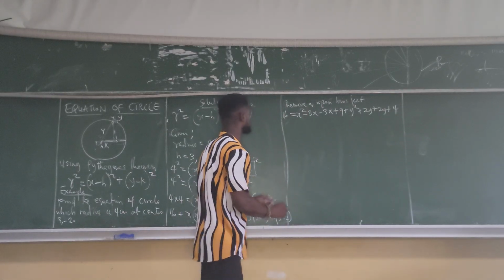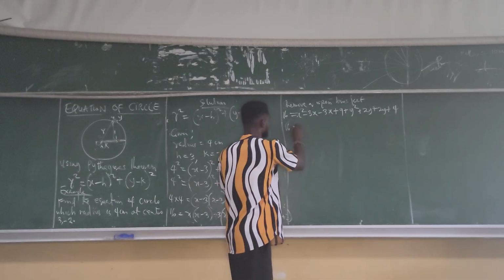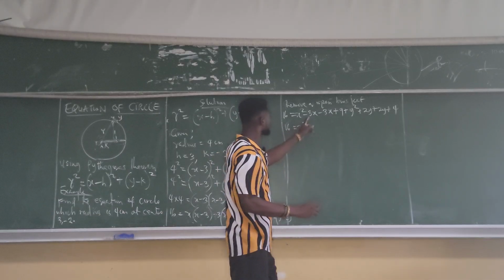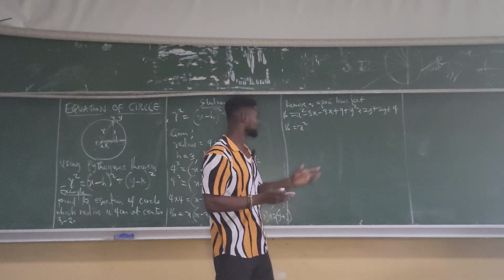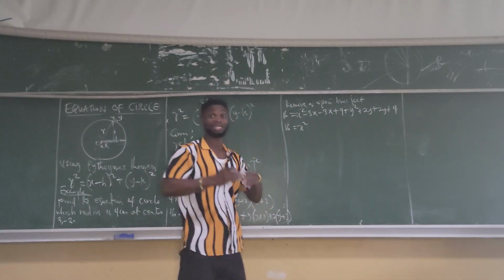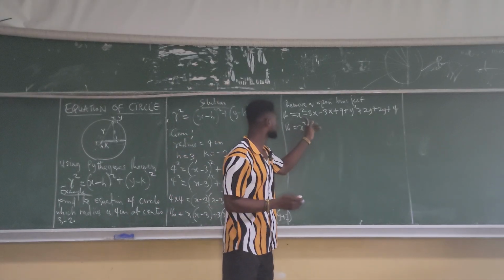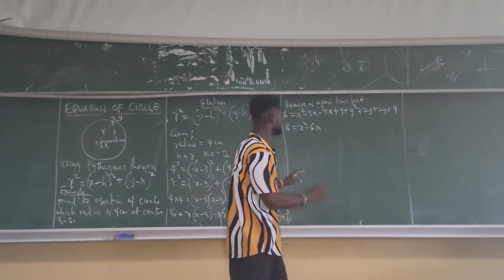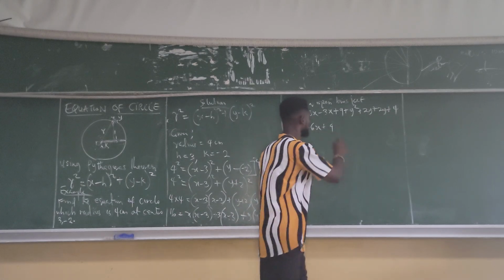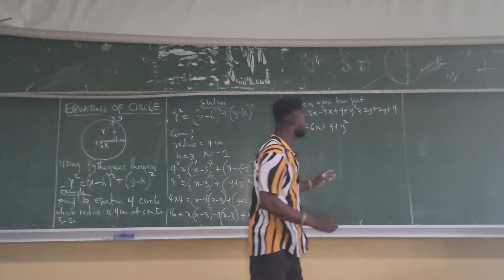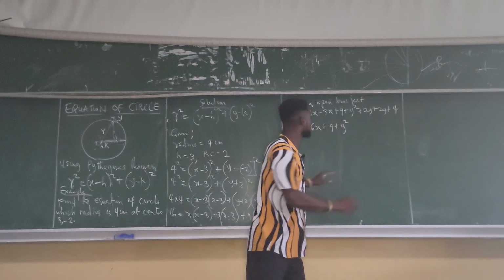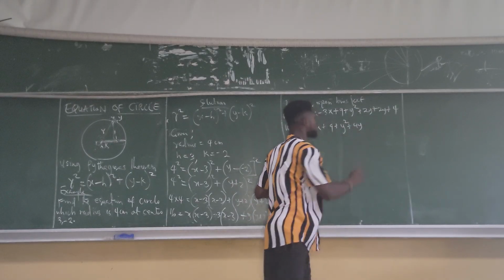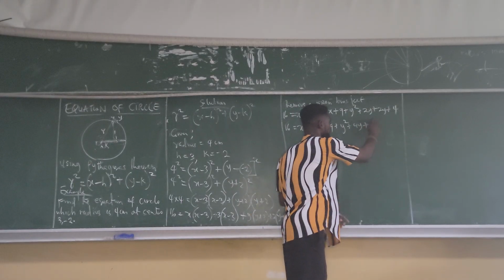So the equation becomes 16 equals x square. We have minus 3x and we also have minus 3x, so they are like terms and can combine to give minus 6x, plus 9, plus y square. 2y plus 2y will give us plus 4y, plus 4.